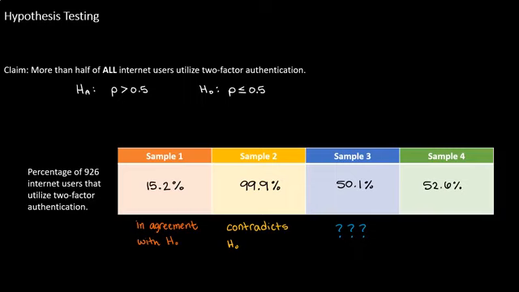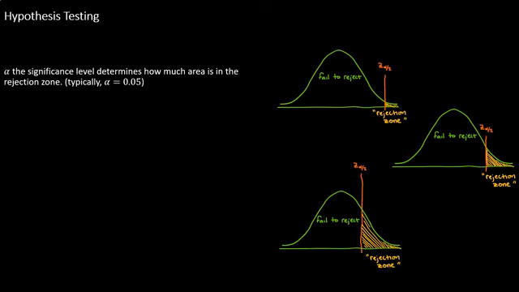However, it's so close to being in agreement with it that we're not sure if this is extreme enough for us to say, this sample represents a situation that tells us the null hypothesis cannot be true. Hypothesis testing is the formal method that allows us to determine if sample results are extreme enough for us to reject the null hypothesis.